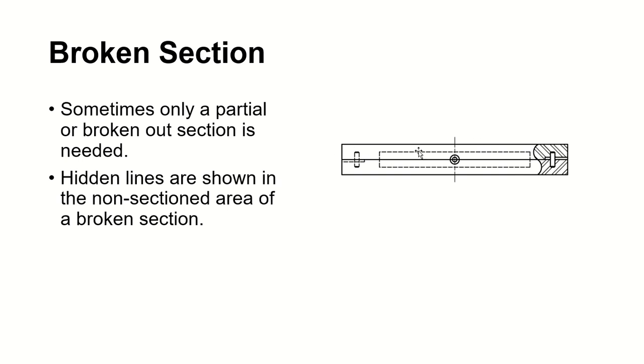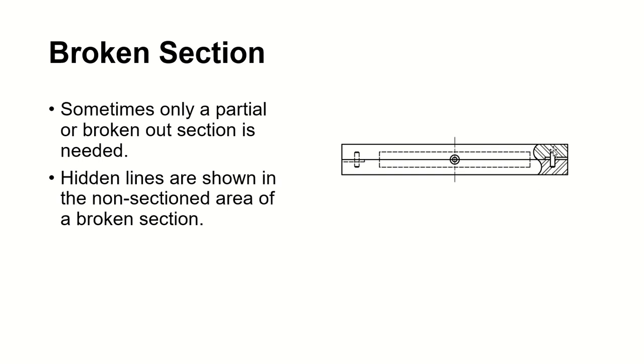We're drawing a hidden line here because this part from here up to here has a broken section, and this is a non-section area. On the non-section area, you're going to show all the hidden lines. On the section area, adjacent to your broken line right there, you're not going to show the hidden lines.